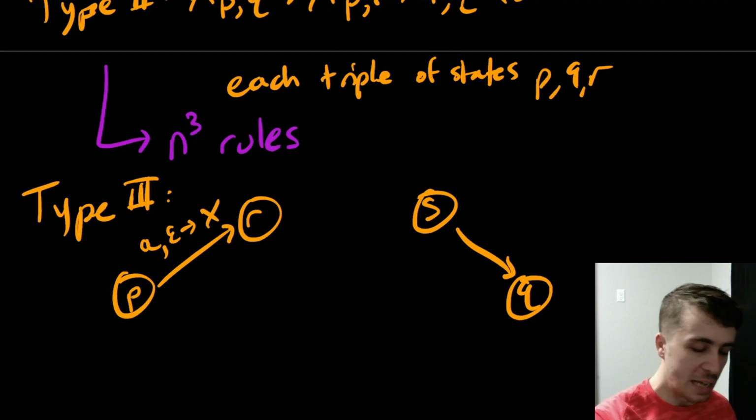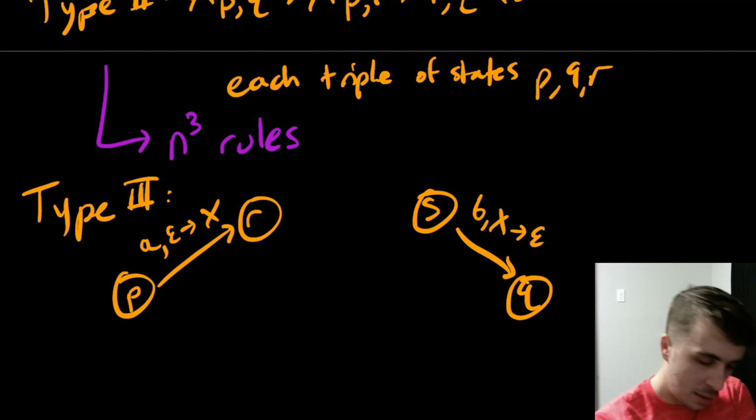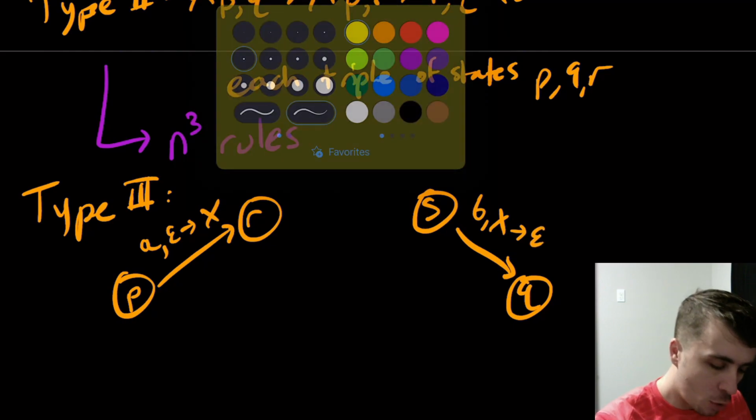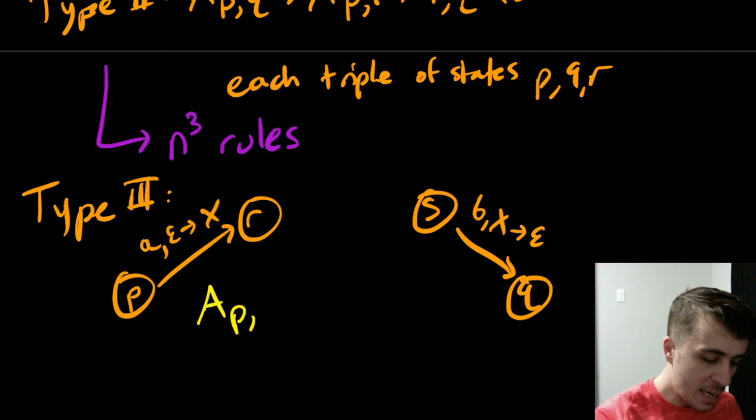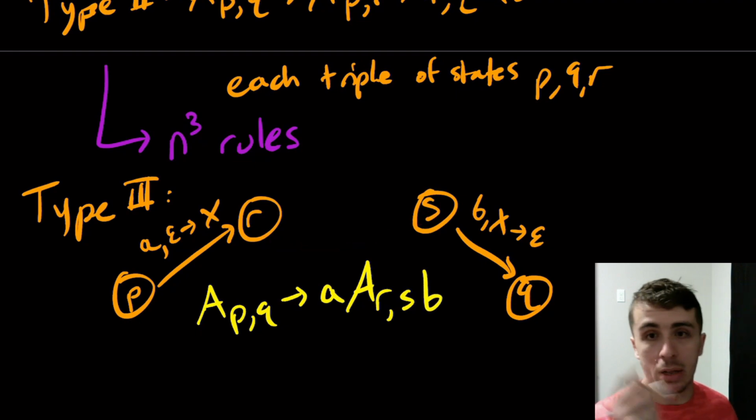Let's say it pushes X, and the other one will pop the X. Then the rule that we add, of course, is A_PQ goes to a A_RS b, where a is what we read on the first transition, A_RS takes us from this state to this one, and b is what we read on the pop transition.